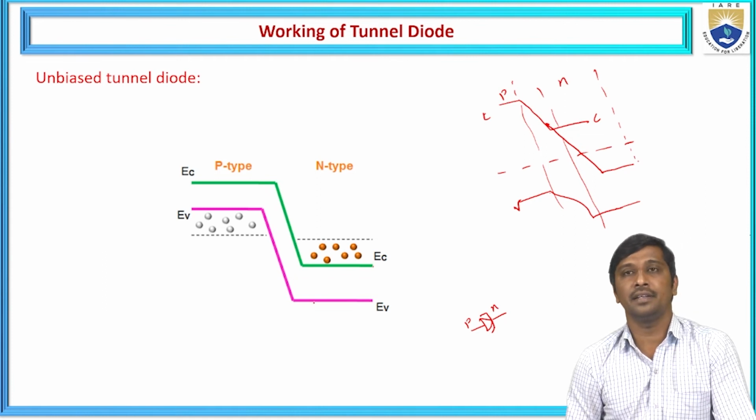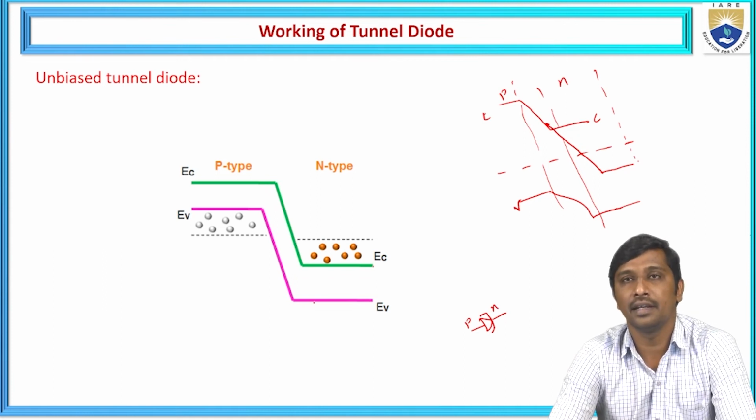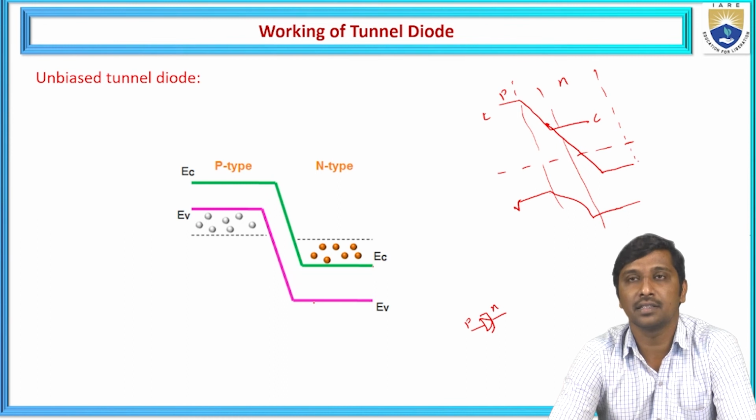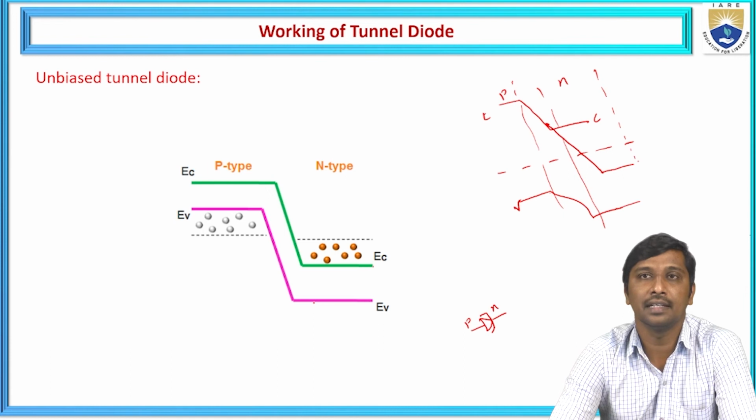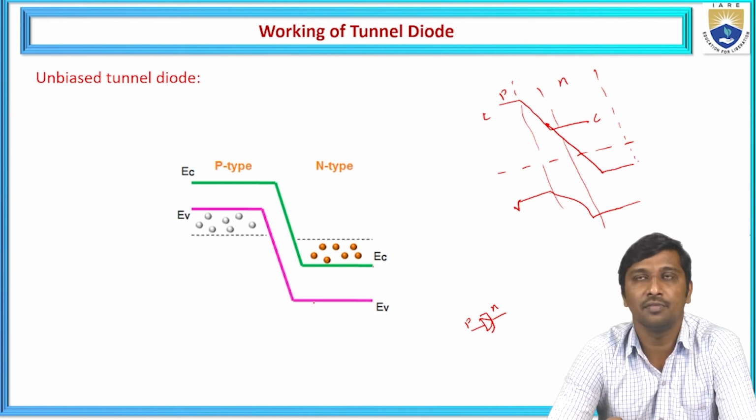In a normal PN junction diode, it requires a potential barrier, meaning some energy that should always be higher than the space charge region, and only then do the charge carriers diffuse from the N type to the P type or the P type to the N type.